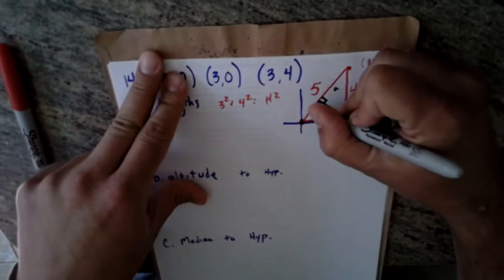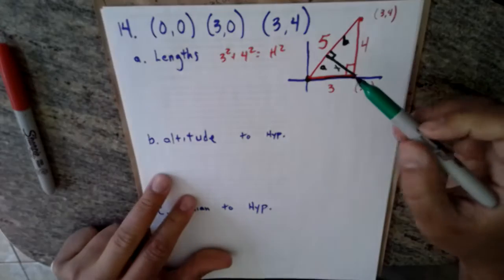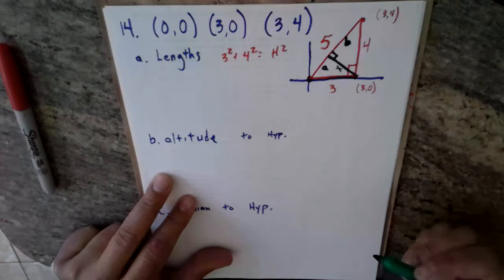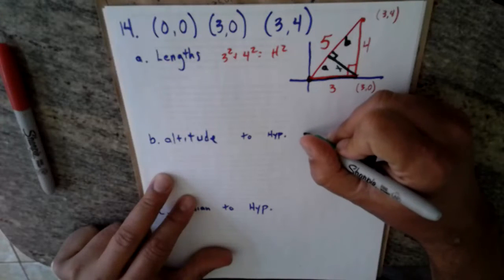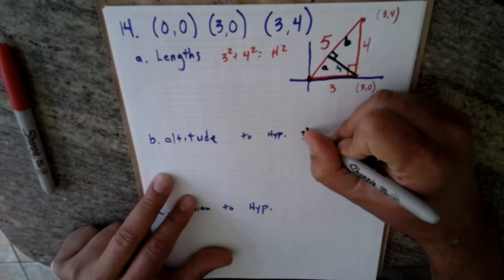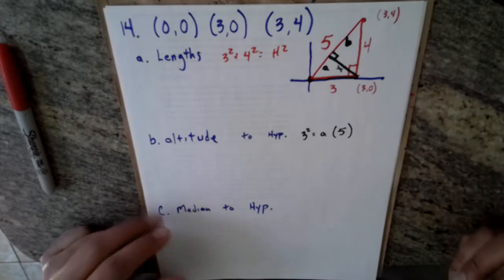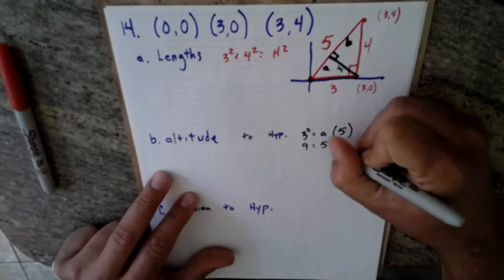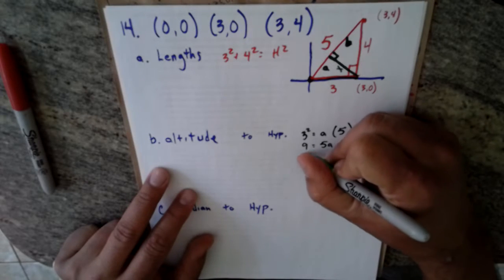Let me just do this. This is A, and this is B. Do you remember legs squared is part times whole? So I'm going to find A. 3 squared is A times 5. Okay, so 9 is 5 times A, so A is 9/5.